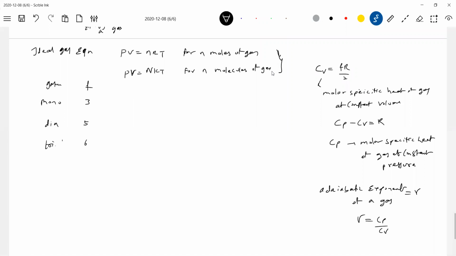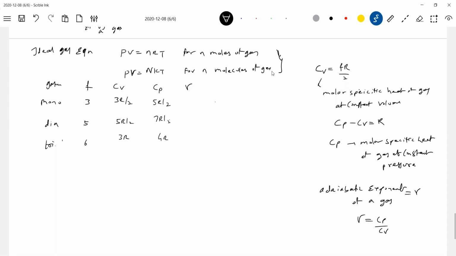Okay, let's try to write all the formulas. Gamma equal to Cp by Cv. So what is the Cv for monoatomic gas? 3R by 2, 5R by 2, 3R. What about Cp? 5R by 2, 7R by 2, and this will be 4R.